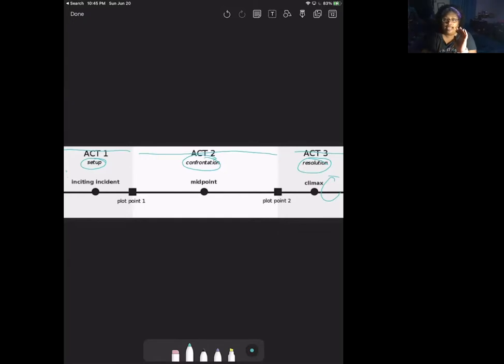It's not staying the same. Something happens, and as a result of this happening, the next thing happens, and the result of that thing, the next thing happens, and that's how the story moves. So we have this, and things are being set up. We're learning the rules of the world in Harrison Bergeron. Of course, the setting is happening.